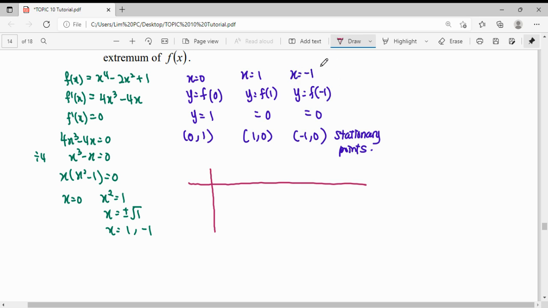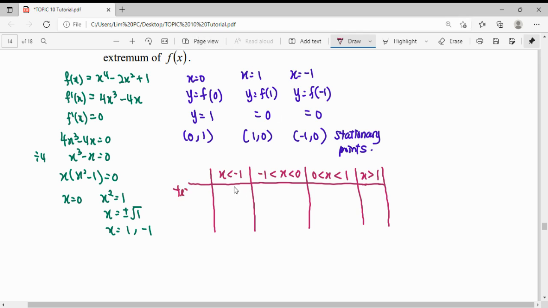From the smallest, the intervals are x less than negative 1, then negative 1 to 0, then 0 to positive 1, and after that x more than 1. So these are the intervals we have to test.